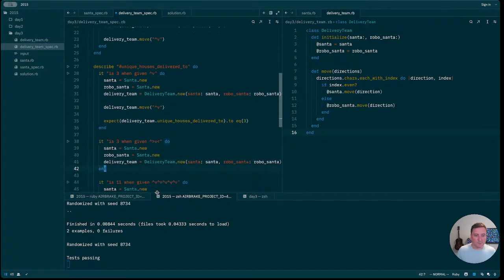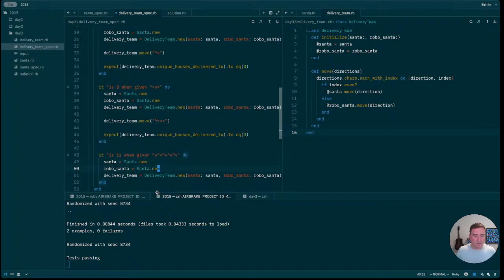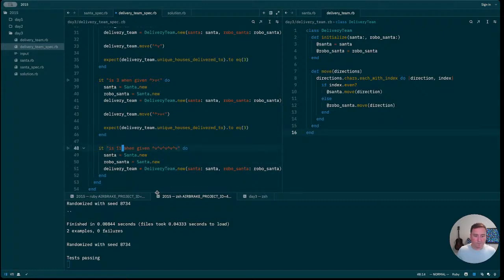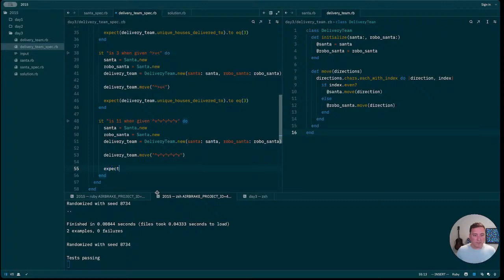And we're going to do the same here. Team.move. Right. And then delivery team.move, and expect delivery team.unique house is delivered to equal 11.